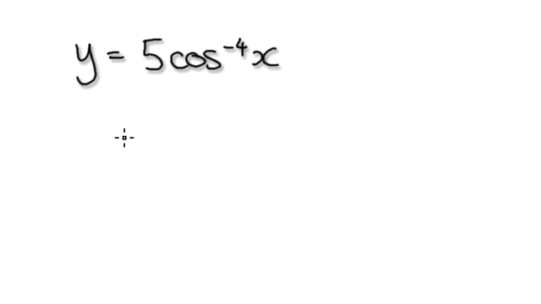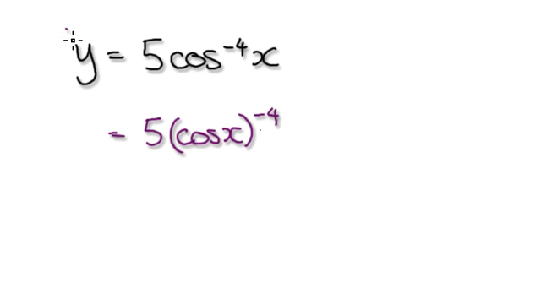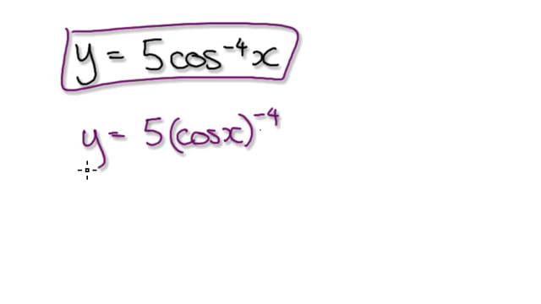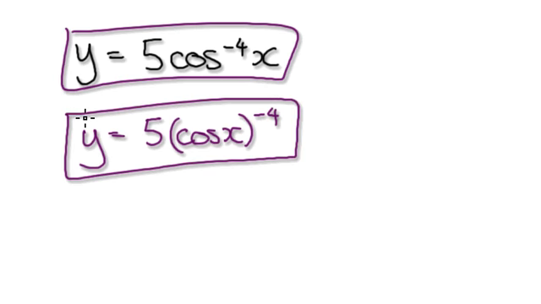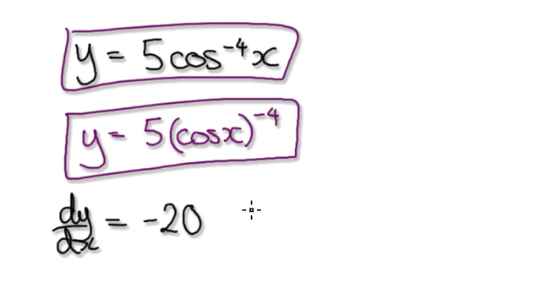Okay, to do this, in your mind visualize it as 5 cos x to the power of -4. Now differentiate it. So dy by dx equals, now this power gets moved down, so that would be -20.